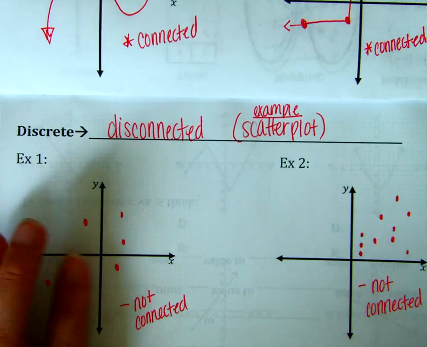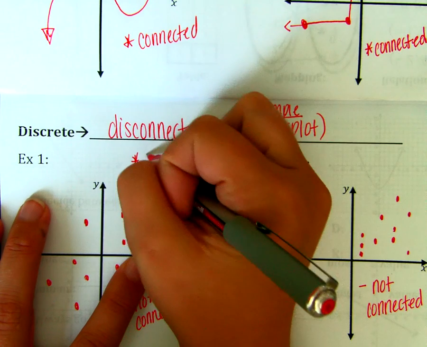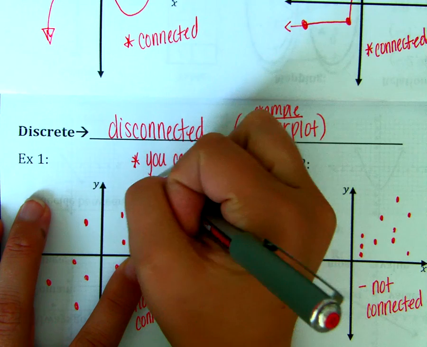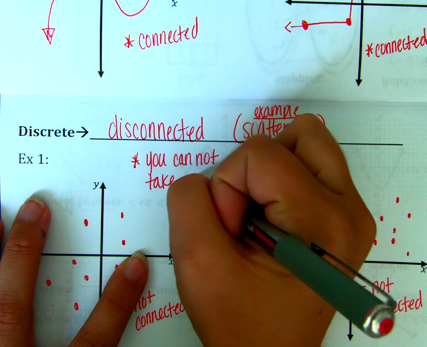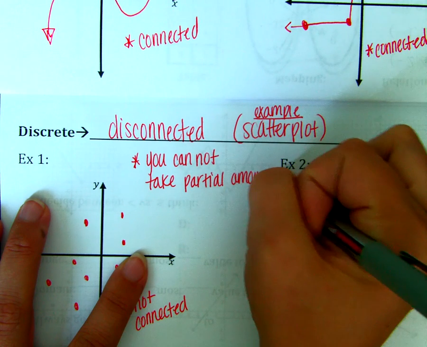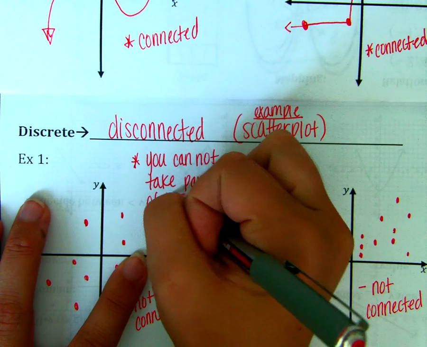Another thing about discrete too, if you want to make a note: you cannot take partial amounts of the x values.